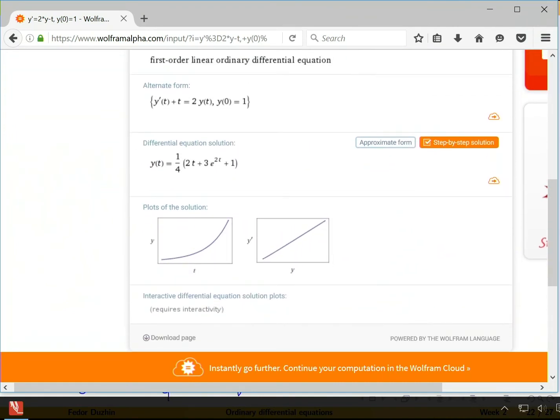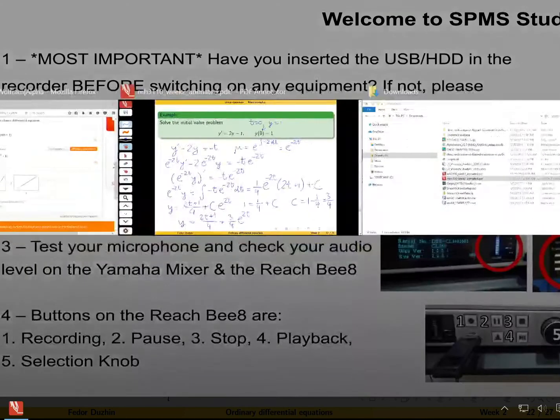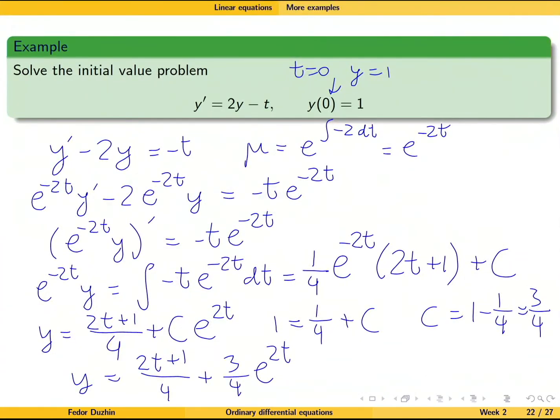So the coefficient at e to the 2t is 3/4, and the coefficient at 2t plus 1 is 1/4. So I think it's correct. Yeah, that's exactly the same thing as we got. So it's correct.